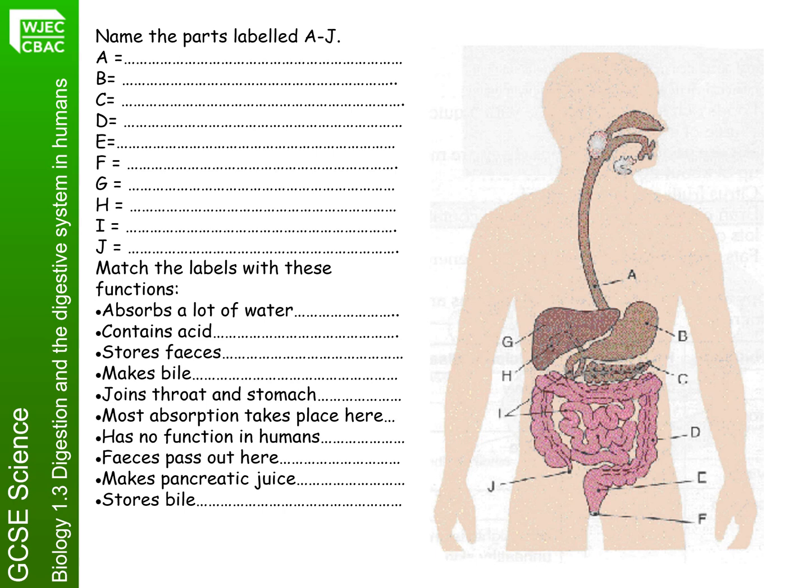Okay, so if we have a look then at the answers to this page, tick your answers if they're correct or write in any corrections that you need to. So part A, you should have, is the esophagus. Part B is the stomach.